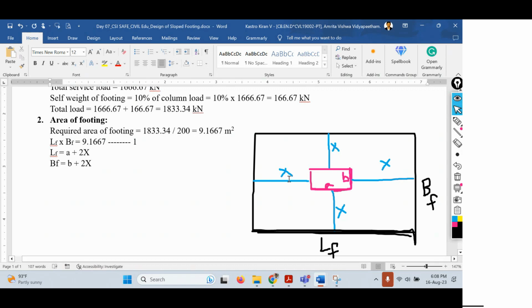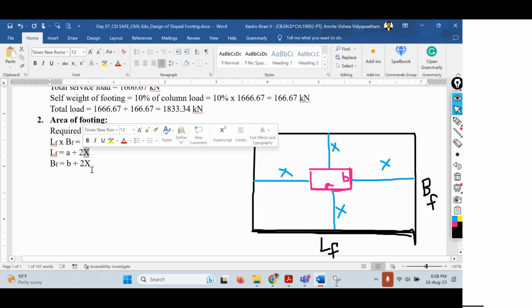From the top, you consider x plus b plus x, that is b plus 2x. That's how we can get LF and BF, but we should know the value of x.